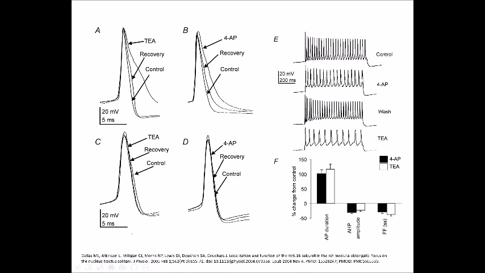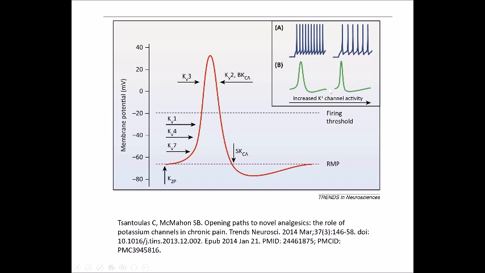Let's back up a few slides, right to here. Here we have increased potassium channel activity, and in this diagram it shows it's less active. That's just the opposite of what we just talked about. But you see, it depends on the type of potassium channel. So I don't want you to get confused.